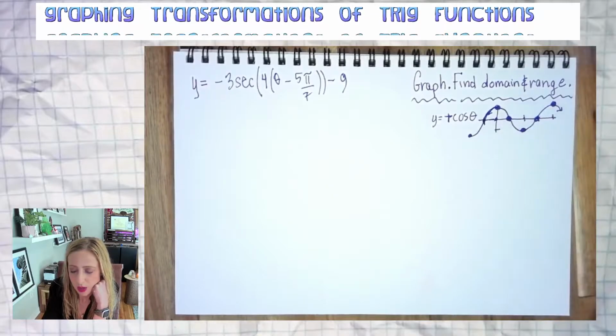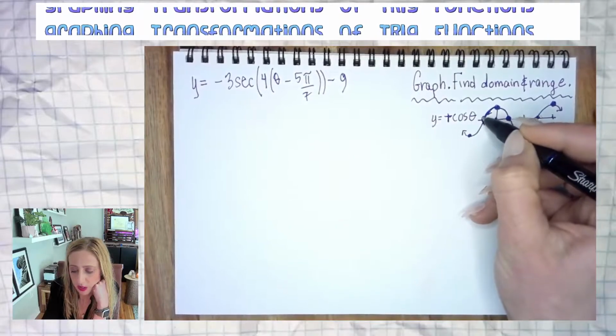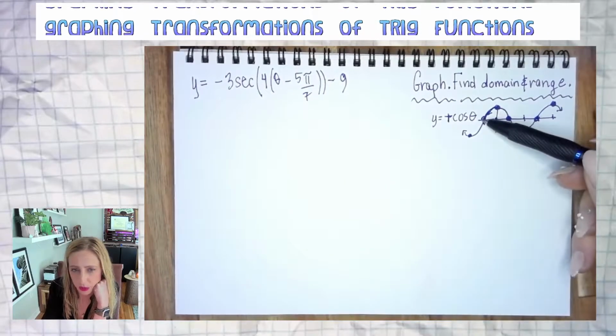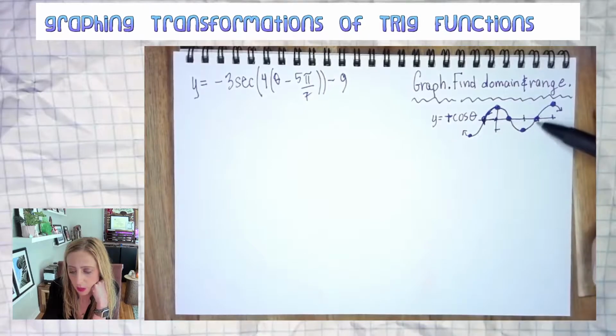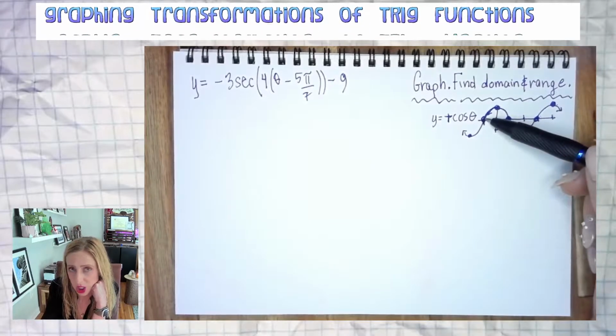Does anybody know how I could write, if I kept my cosine graph going and consider it from this spot, how can I write the... It's a sine equation with a shift? Yes, it's going to be a sine equation with a shift.